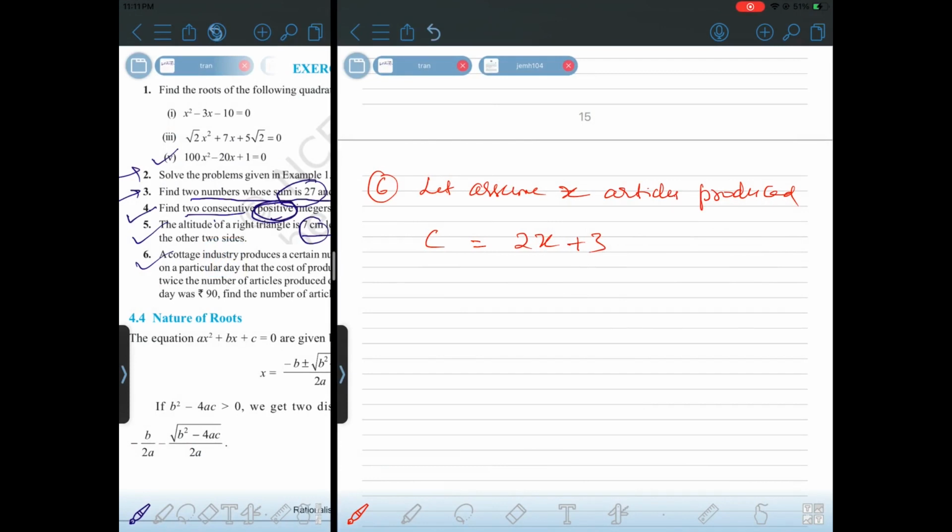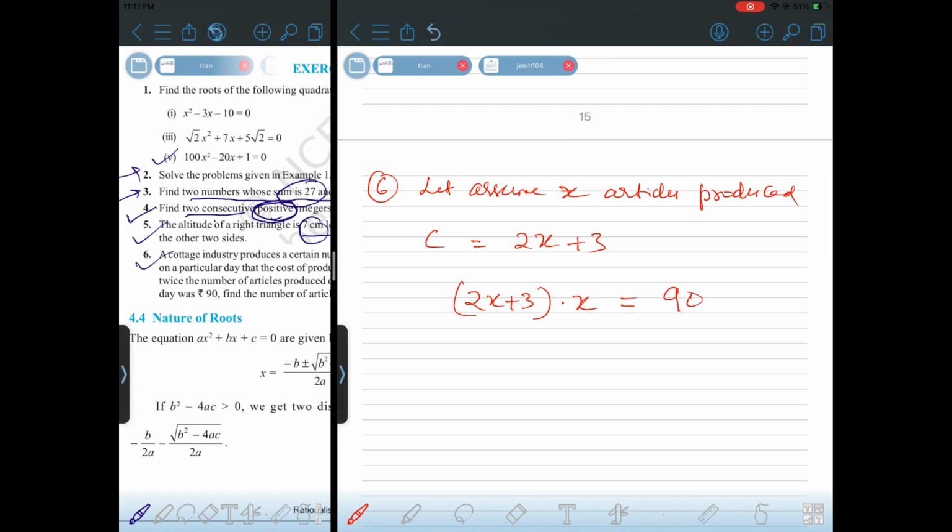So we have the cost of one article, that is 2x plus 3, and we also have the number of articles produced, that is x. If we multiply both, we get the cost of production on that day.